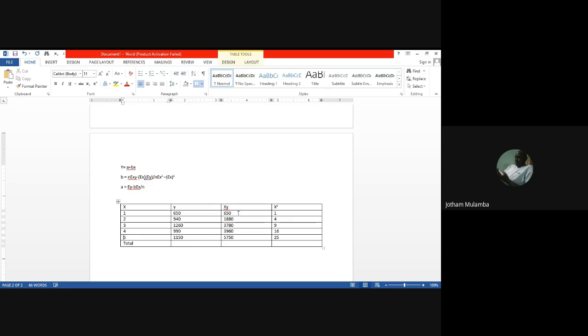Let's start with the x. Add all the values under x: 15. Summation x is 15. Somebody to add for y: 4990.